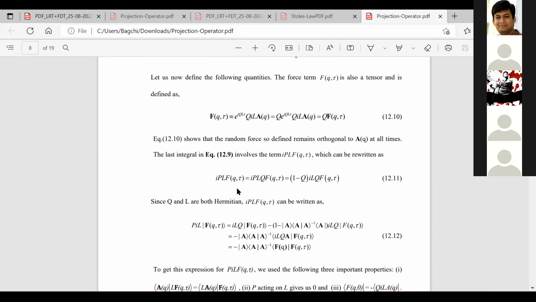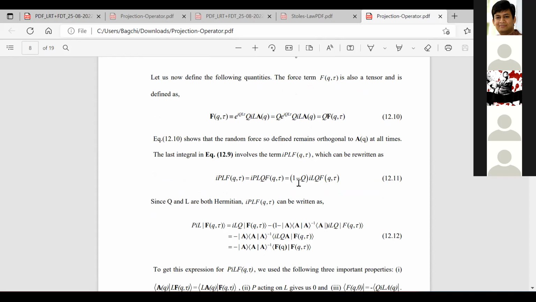Okay, and then iPLF(t) again. This is a bit confusing. iPLF(t), I again write F. The definition of F is QF, so this definition I put in here, QF.